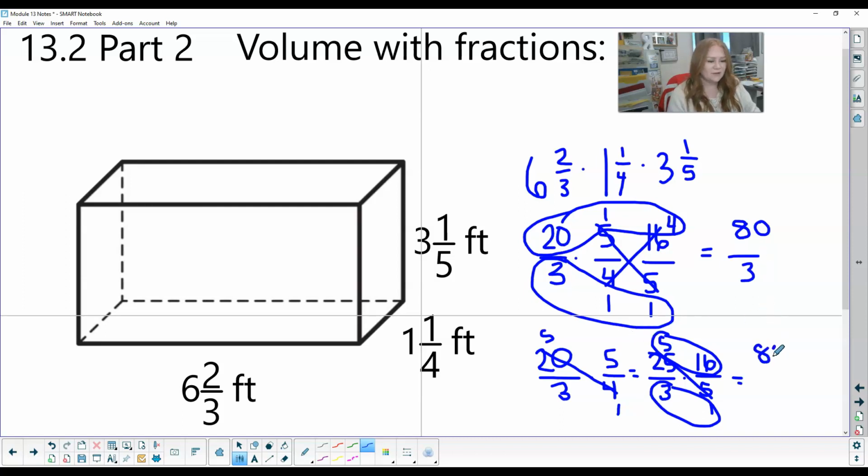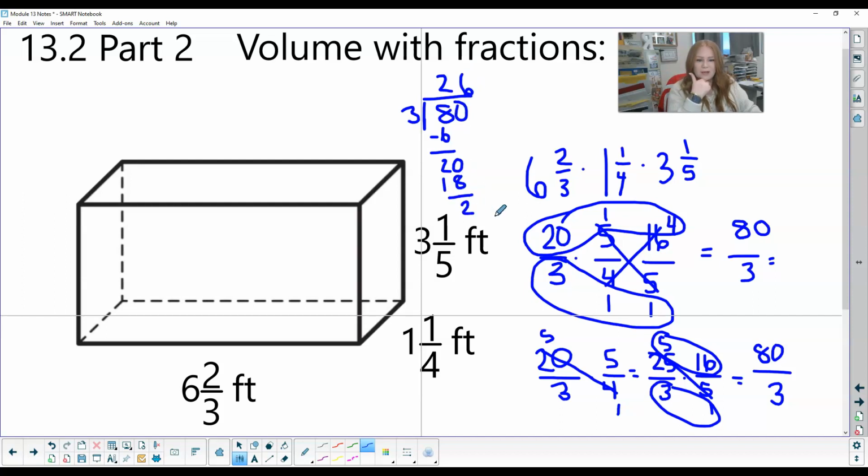So we have 80 over 3, which is improper, and I'm done with all my multiplying, so now I just need to get it back to a mixed number. So I need to do 80 divided by 3. That goes in there 3, 6, 2 times. 2 left over is 20. 3 goes in there 6 times, which is 18. 2 left over.